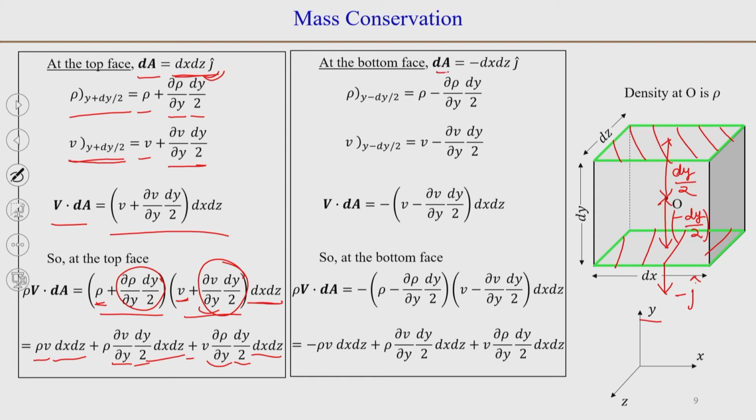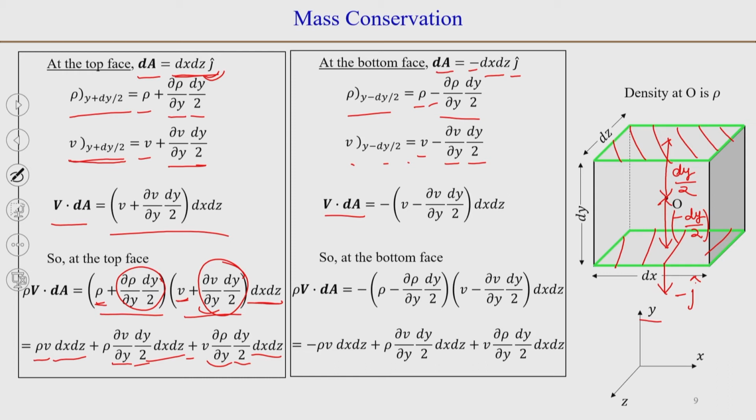So, dA will be dx dz, but pointing out in the minus j direction. Rho will be here rho minus ∂rho/∂y into dy by 2. This minus comes because it is in the negative direction. Similarly, v will be v minus ∂v/∂y into dy by 2. We can find out v dot dA. One is pointing out in the minus j direction, another in positive j. So, dA is along minus j and v is along positive j.